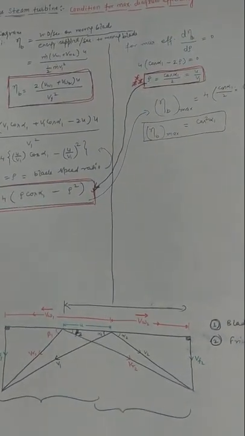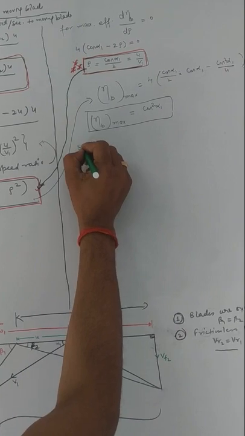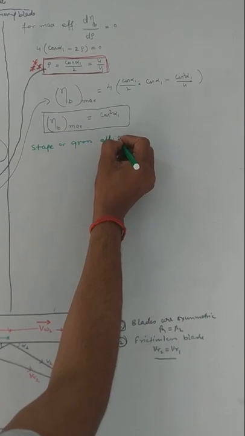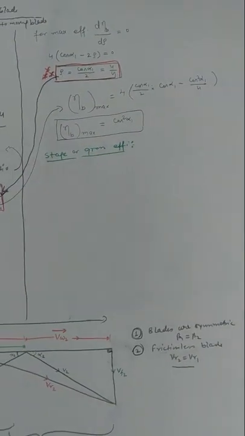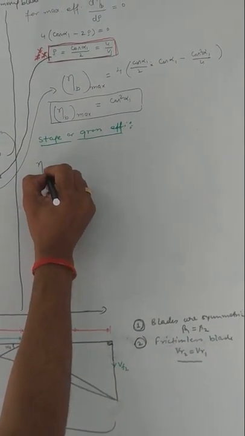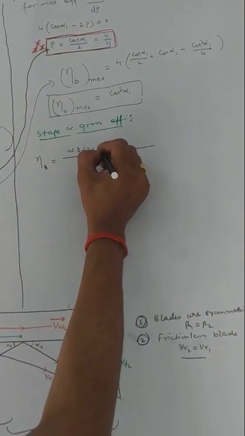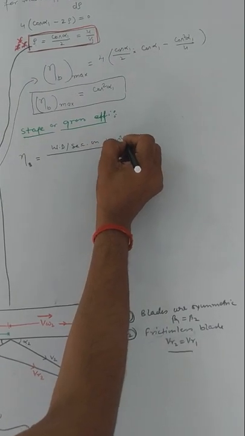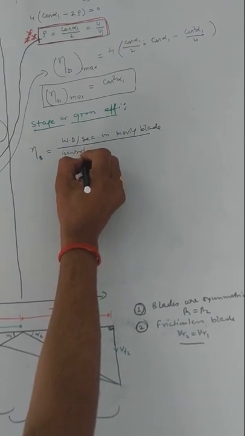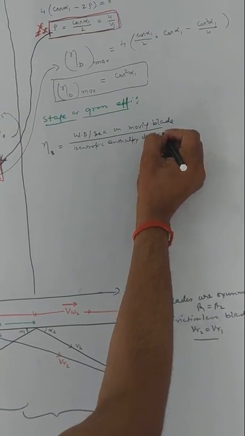Okay, one more efficiency is calculated in case of impulse steam turbine called the stage or gross efficiency. This stage or gross efficiency, eta S, is the ratio of work done per second on the moving blade divided by the total isentropic enthalpy drop in one stage.